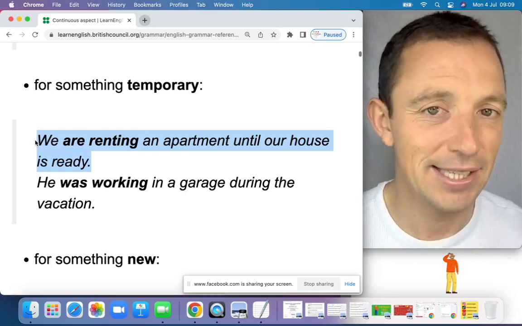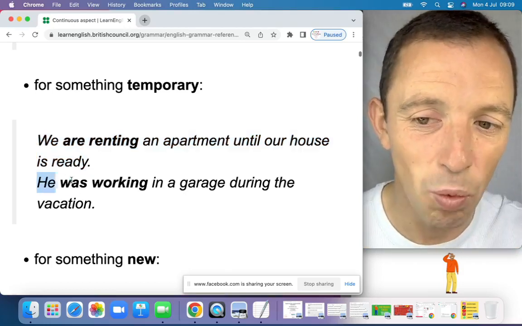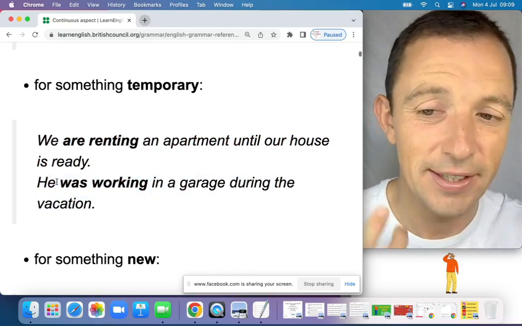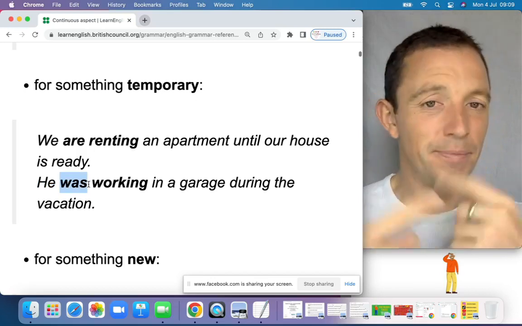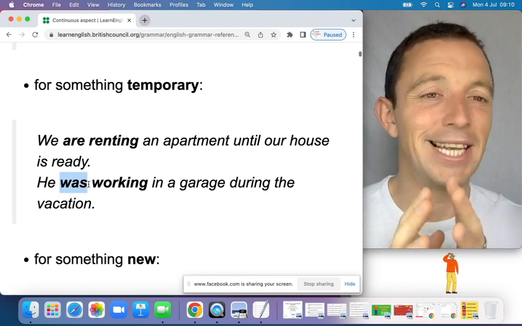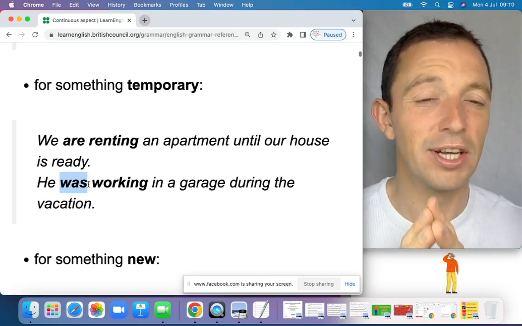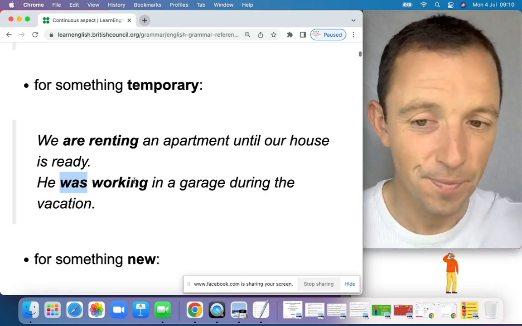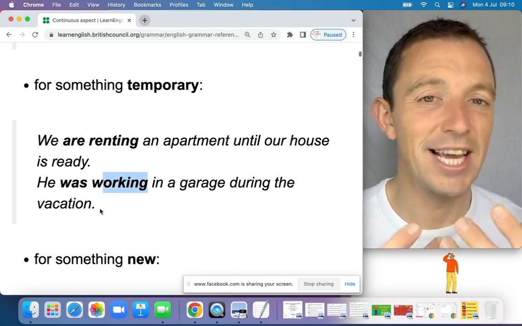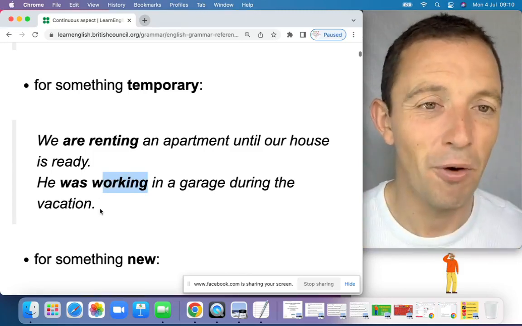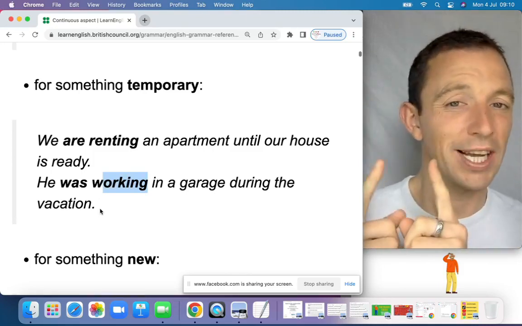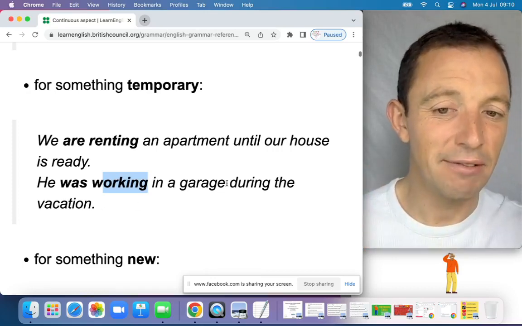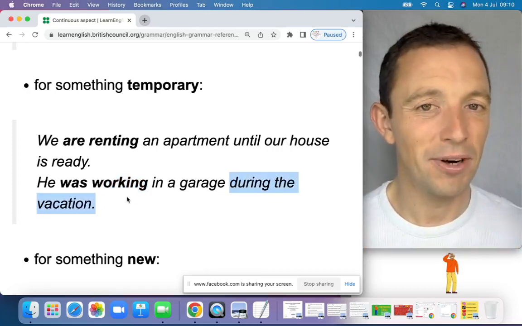Okay, the next example, he was working in a garage during the vacation. Subject he, the extra auxiliary verb necessary for the construction of the continuous is the verb to be in the past. He was, plus the ing, the gerund form, working. He was working. This is the past continuous in the garage during the vacation, so only temporary.